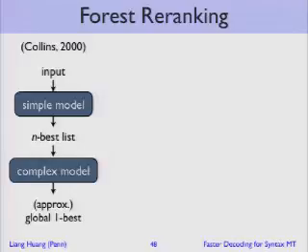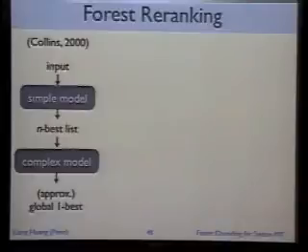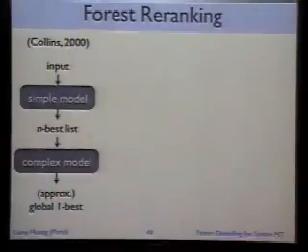Another perspective is the story that we usually do: we have an input and a complicated model, so we break it into a simple model and a complex model.